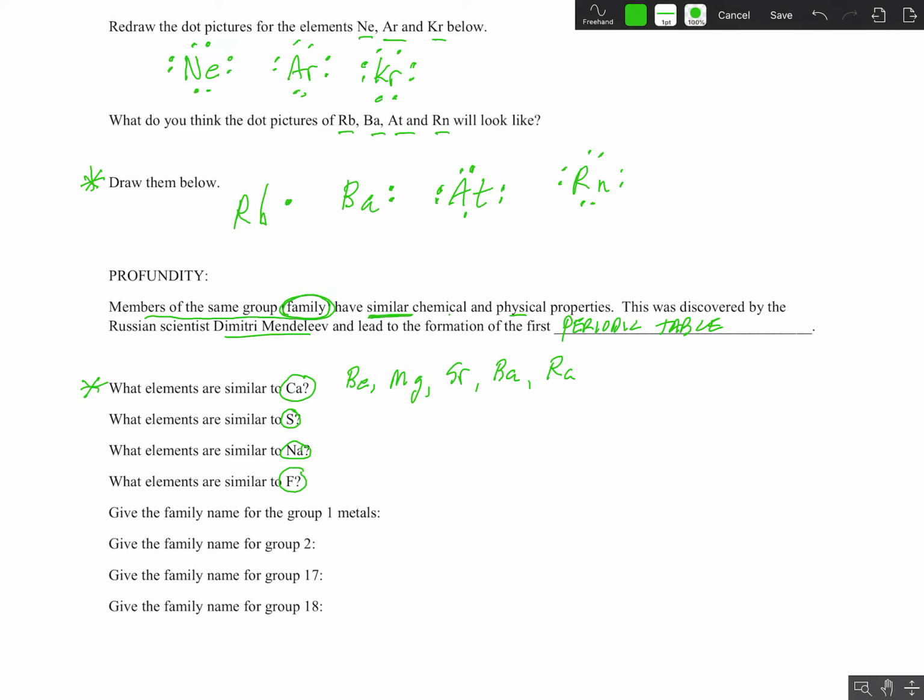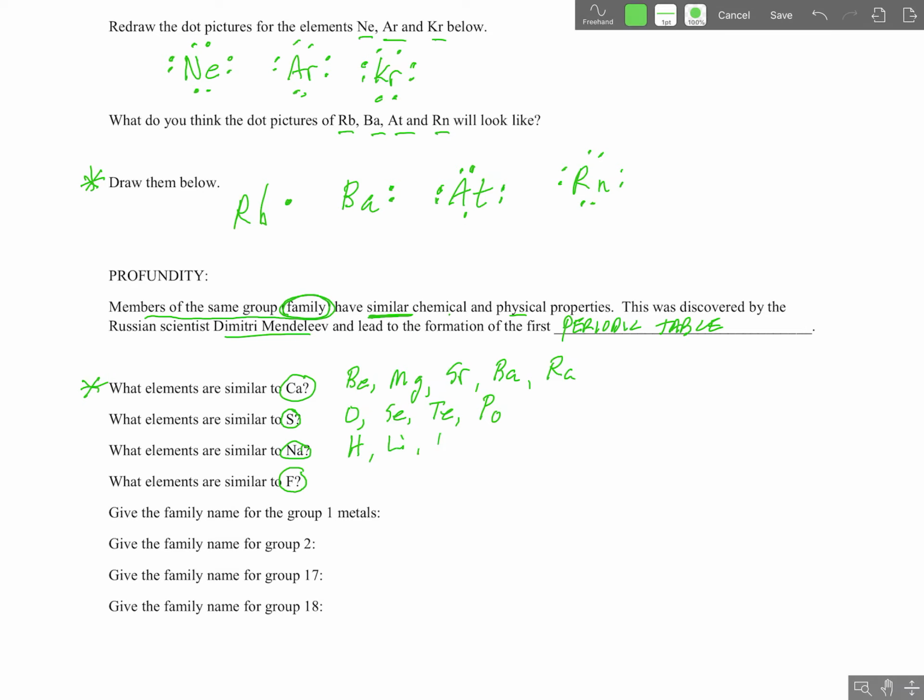Okay, welcome back. So sulfur is in group 16, so is oxygen, isn't it? So is selenium, so is tellurium, and so is polonium. Sodium is in group number 1, so you'd expect hydrogen to react similarly and have similar physical properties as sodium.